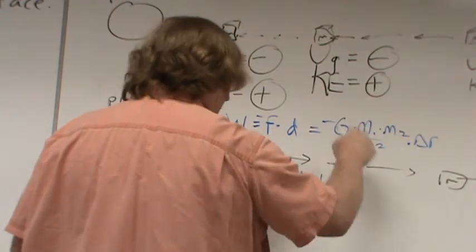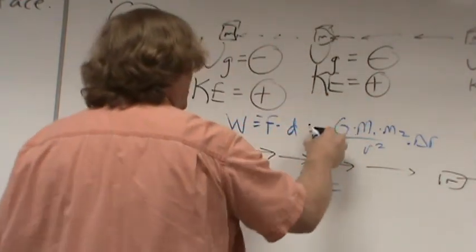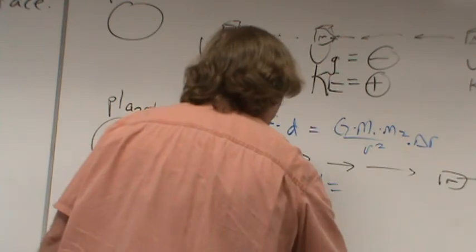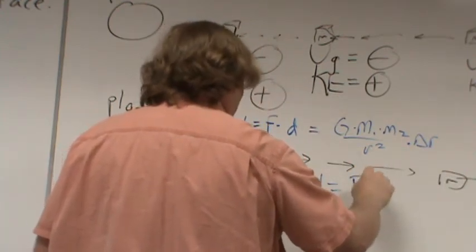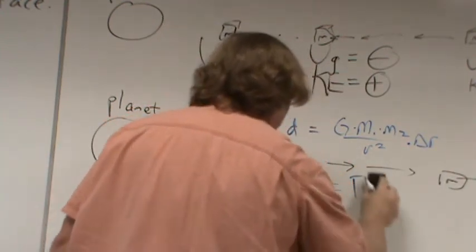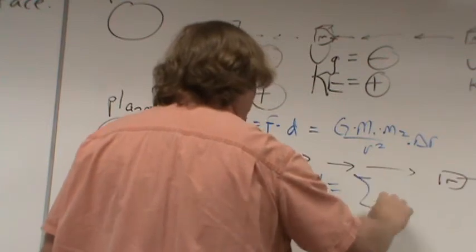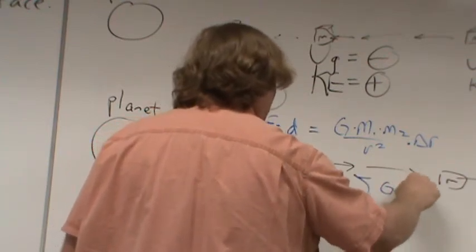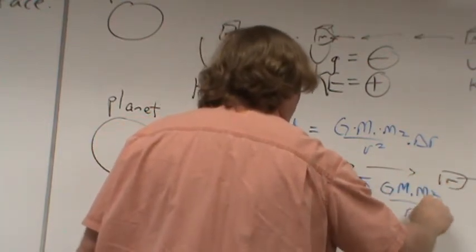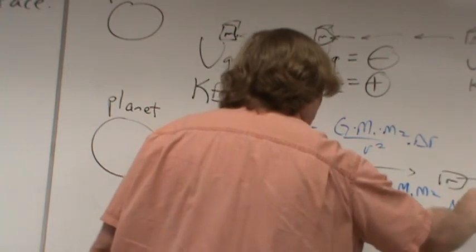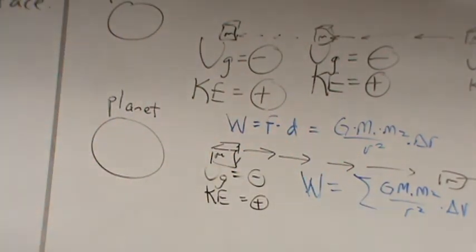I'll just say the work is going to be the sum of the G m1 m2 over r squareds times all of the delta r's.